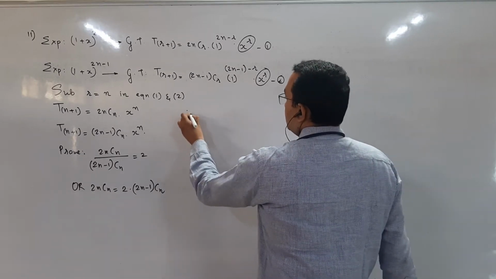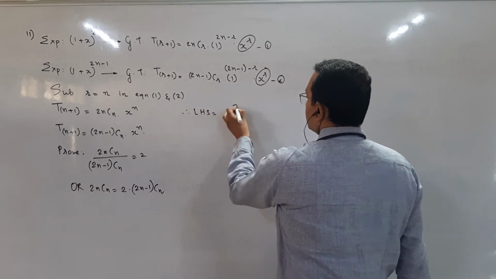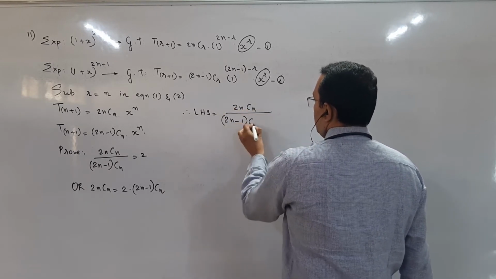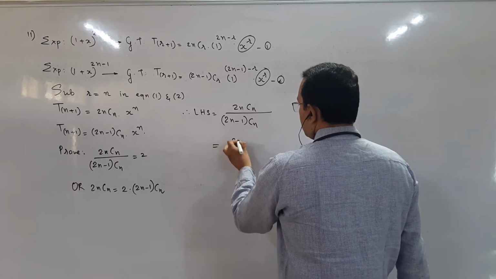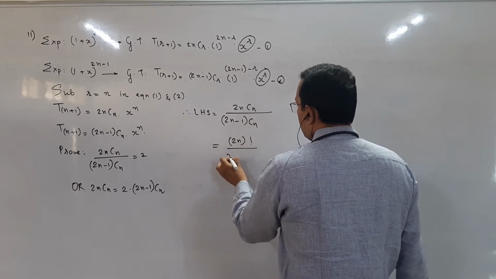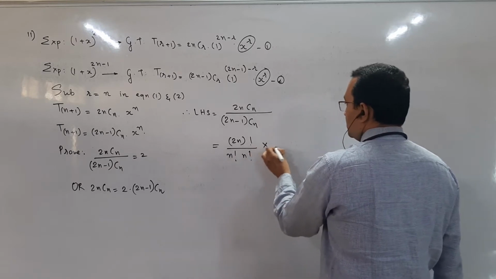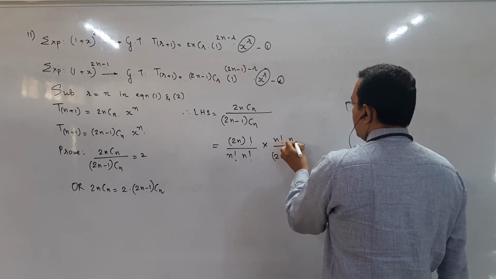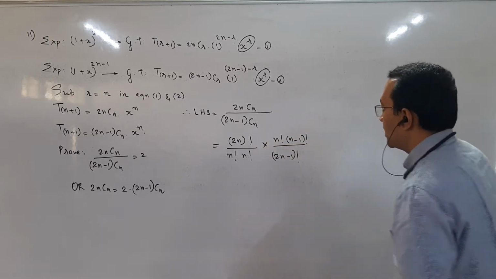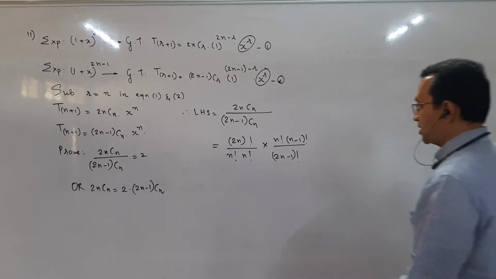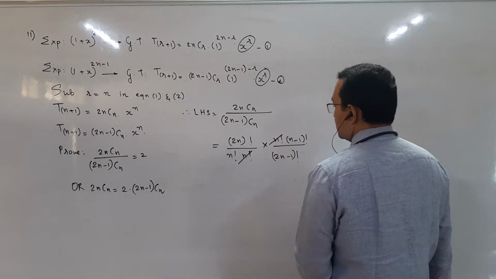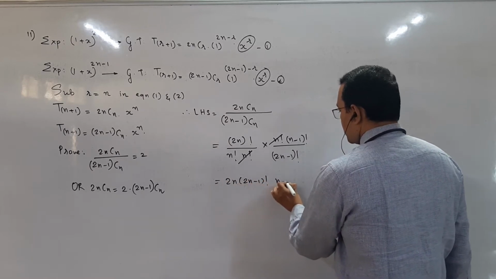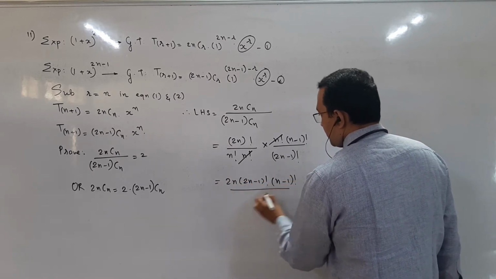So let us start with the left hand side, which is 2n C n upon (2n-1) C n. So this is 2n factorial upon n factorial into n factorial. This will be (2n-1) factorial into n factorial into (2n-1-n), so (n-1) factorial. So there n factorial gets cancelled, reduce 2n by 1. So (2n-1) factorial, keeping (n-1) factorial as it is.